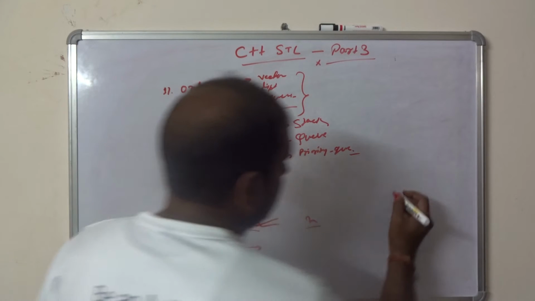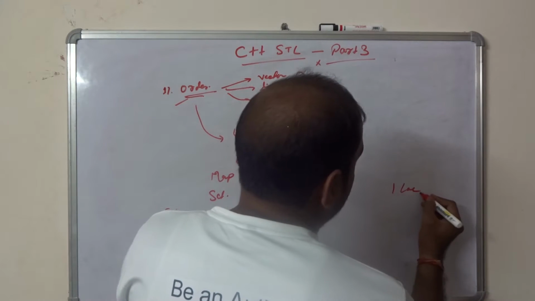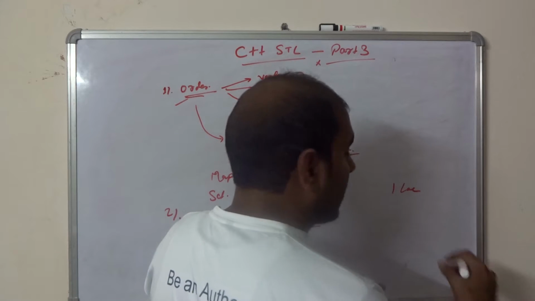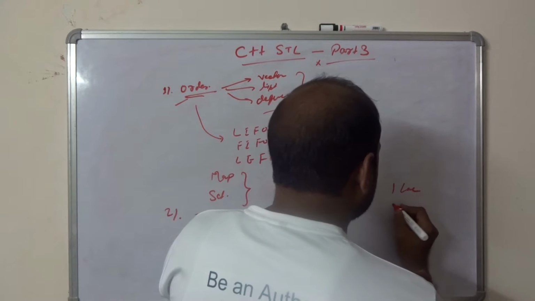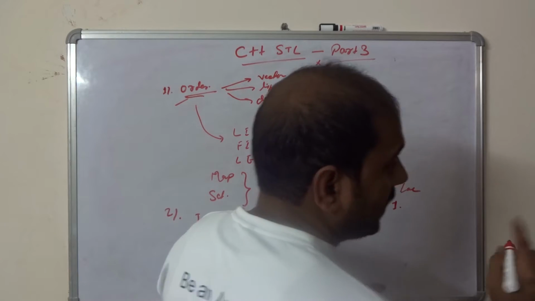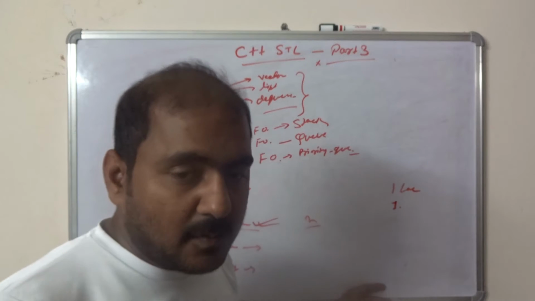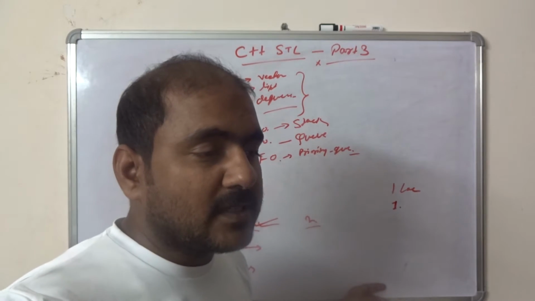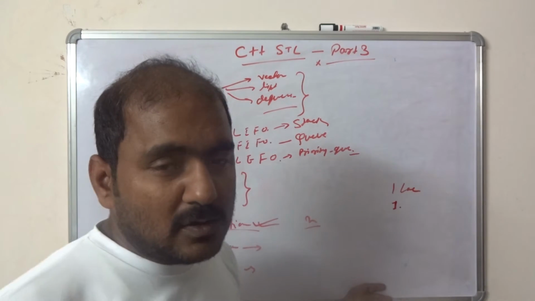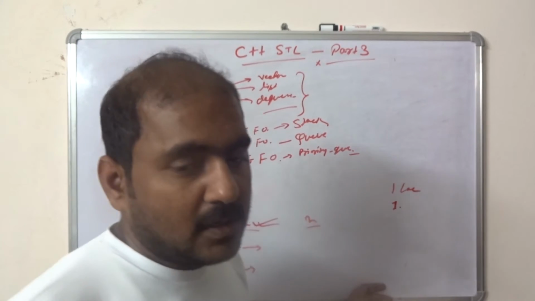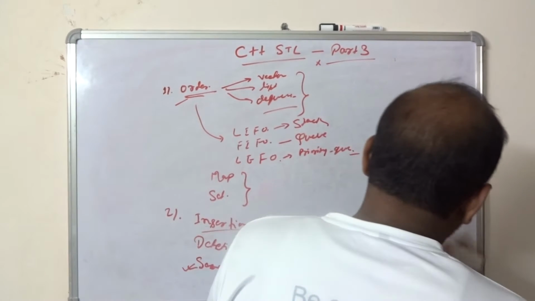Let's say you are storing 1 lakh elements, and you are going to search only one element at a time. So for every 1 lakh insertions, you have a requirement of, let's say, one element search. In this case, searching has very little chance, so insertion is quite important.